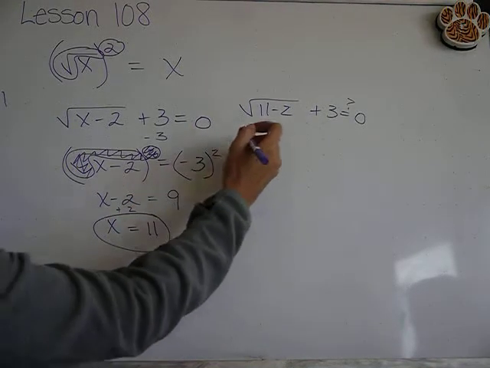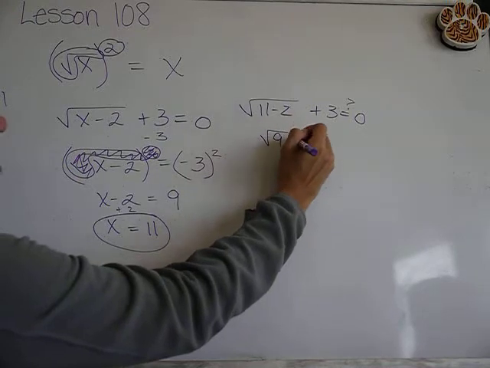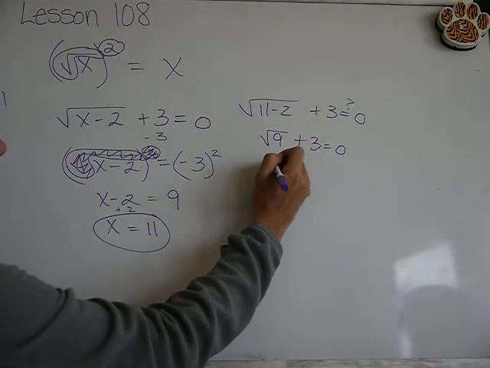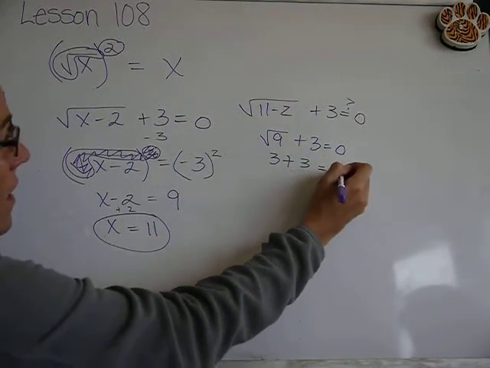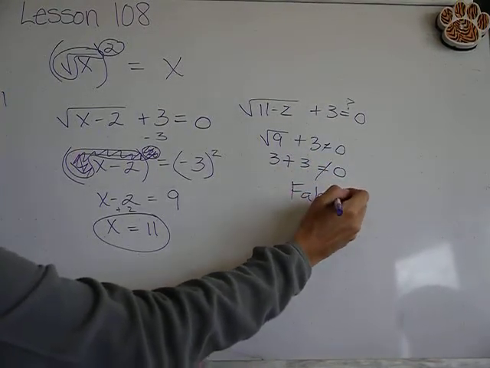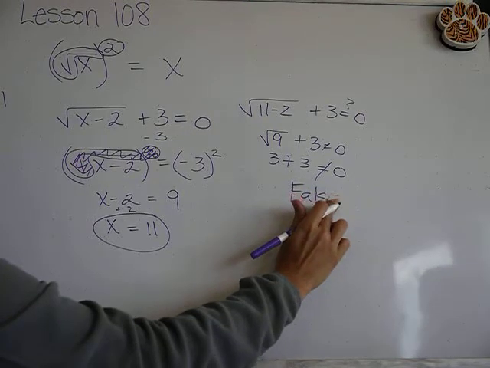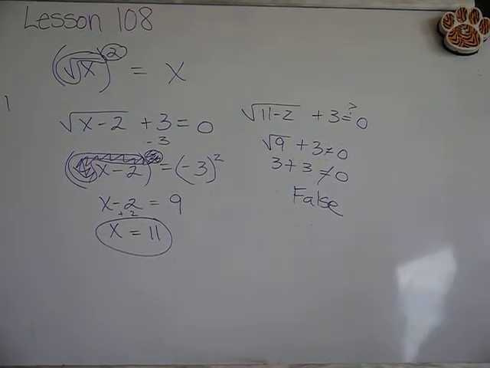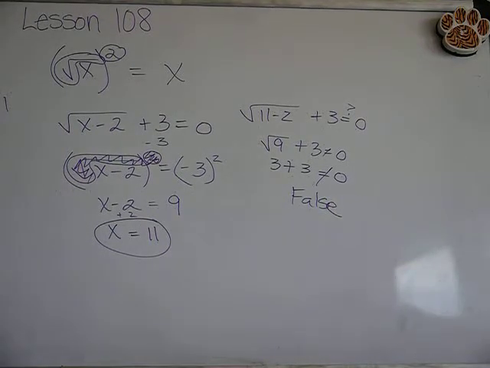So watch. That is the square root of 9 plus 3 equals 0. What is the square root of 9? 3. 3 plus 3 does not equal 0. False. But it could be negative. So the answer is what?